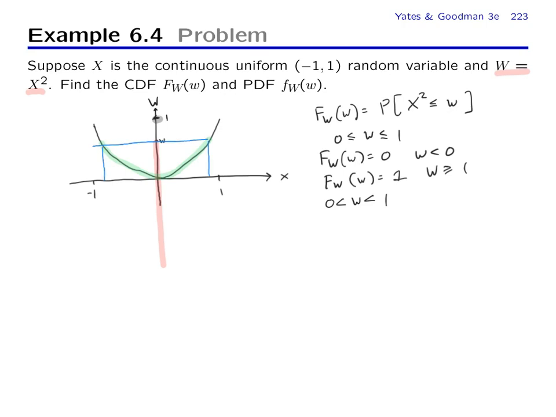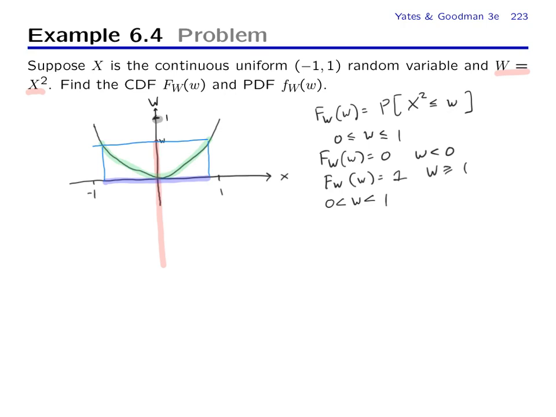If w is below this value of w, then the x-w pair has to be along this segment, and it says that the value of x has to be in this interval.